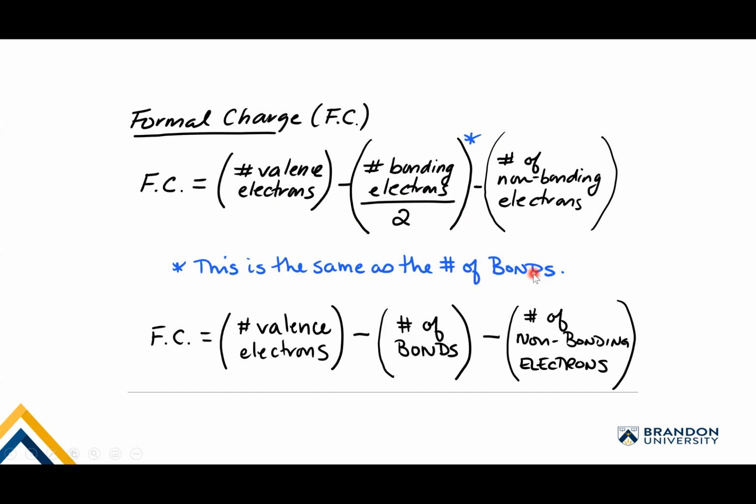So formal charge is the number of valence electrons it normally would have, minus the number of bonds it currently has, minus the number of non-bonding electrons it currently has.